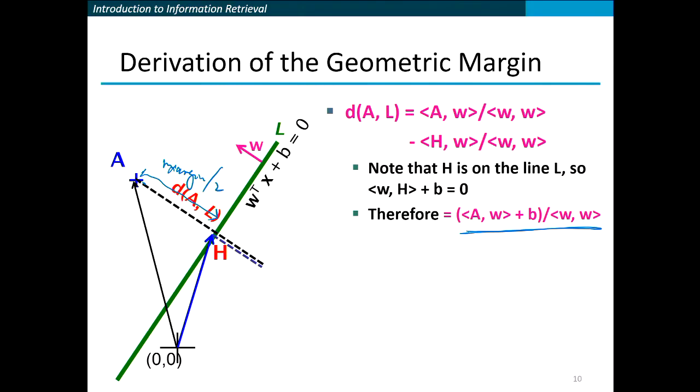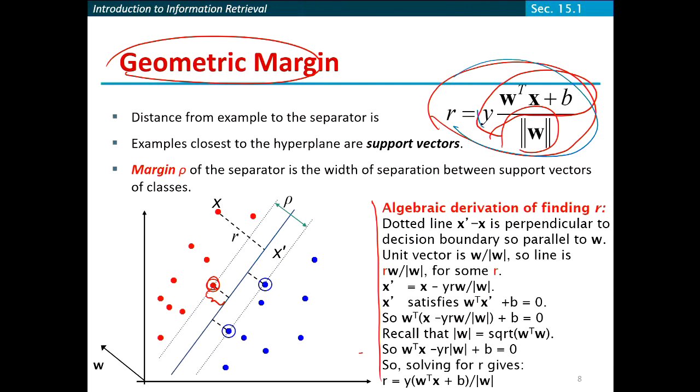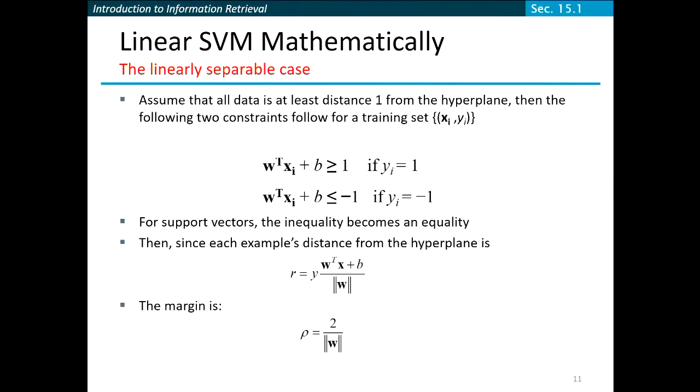Half of the margin is this quantity. So that's the same as, I didn't use the y, because otherwise you get a margin which could be negative or positive, but we want the absolute value. So a trick is to multiply by y. Okay, so we already get geometric margins.